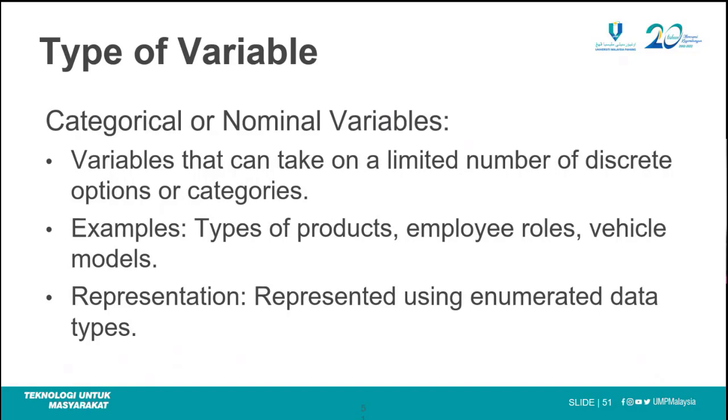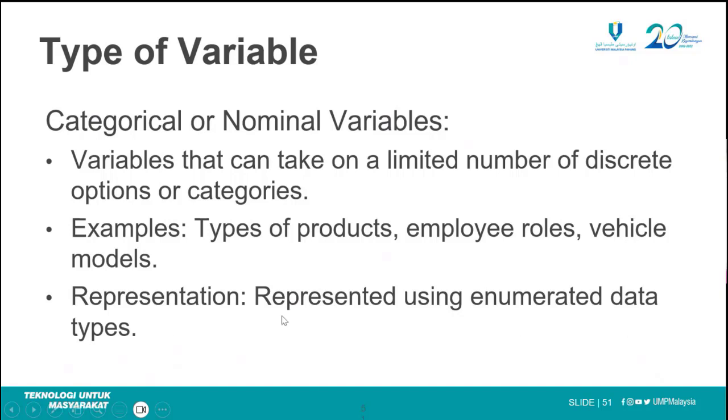Then the categorical or nominal variable is a variable that can take on a limited number of discrete options or categories. Examples are type of product, employee roles, vehicle model, and so on. A type of product could be product A and product B, employee role could be role 1, 2, 3, and vehicle model could be model X, model Y, model Z. For representation we use enumerated data types.